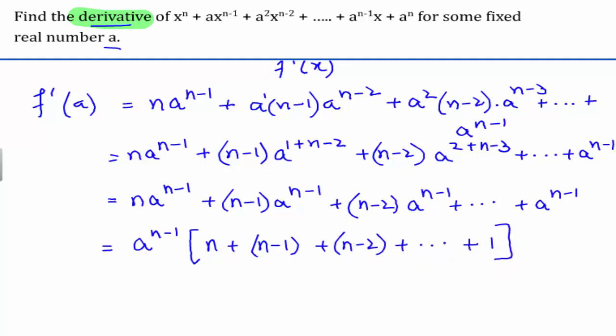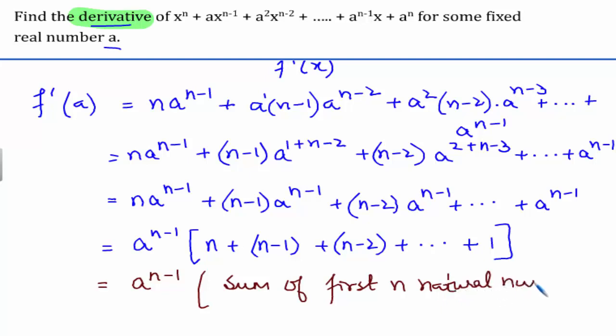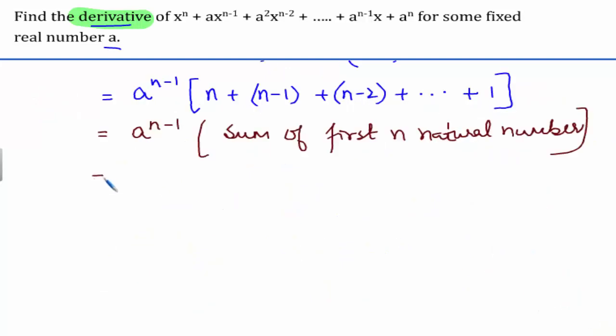Now, this is equal to a raised to the power n minus 1, and this is nothing but the sum of first n natural numbers, and therefore we have a raised to the power n minus 1 times n(n plus 1) divided by 2, which is the sum of first n natural numbers.